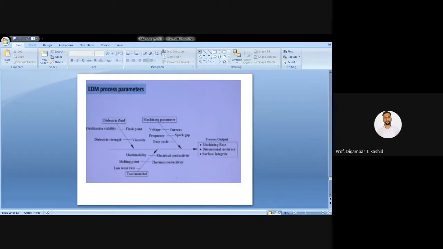During the EDM process you will get three different kinds of layers. You can see them on the microscope. You will get three zones, the first one will be the recast layer. Whatever I am explaining now is over and above, that means no need to go into detail, but just for your knowledge purpose I am explaining this.